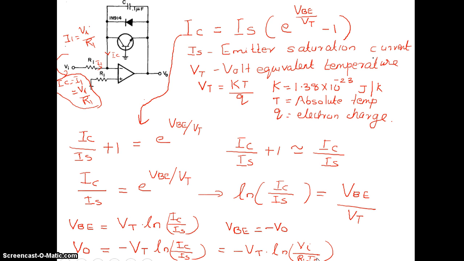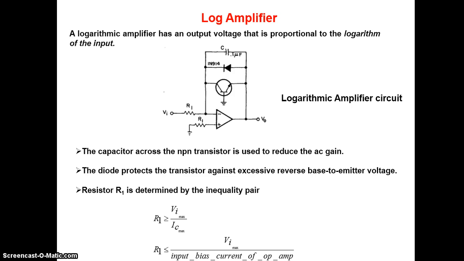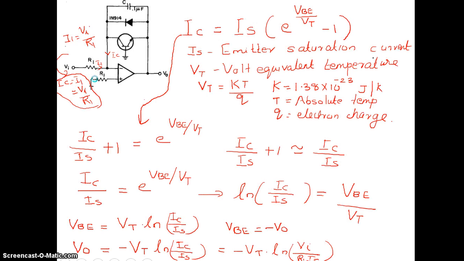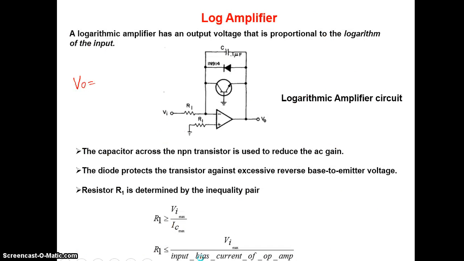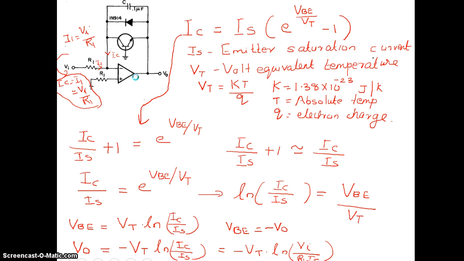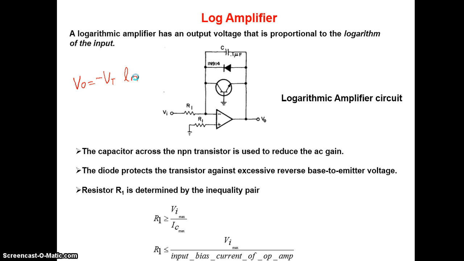Finally we get the equation VO equal to minus VT into ln of VI divided by R1 into IS.